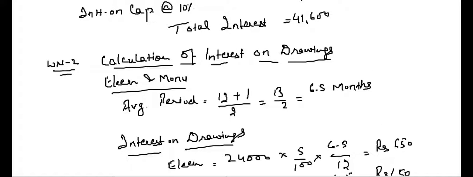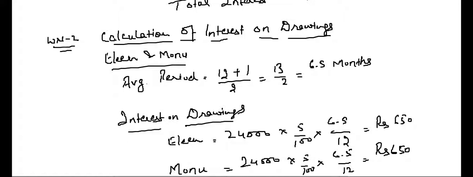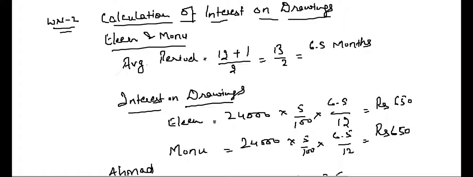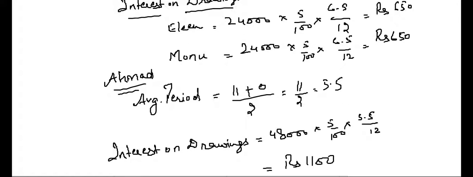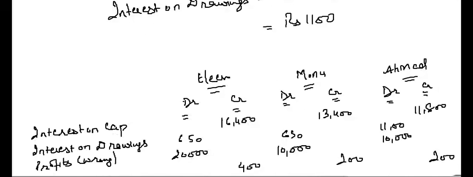For the interest on drawings, we had equal installments, equal amount, equal interval, so we applied the average period: 6.5 months for Eileen and Monu, and 5.5 months for Ahmed. Accordingly, we calculated the interest on drawings for that period.